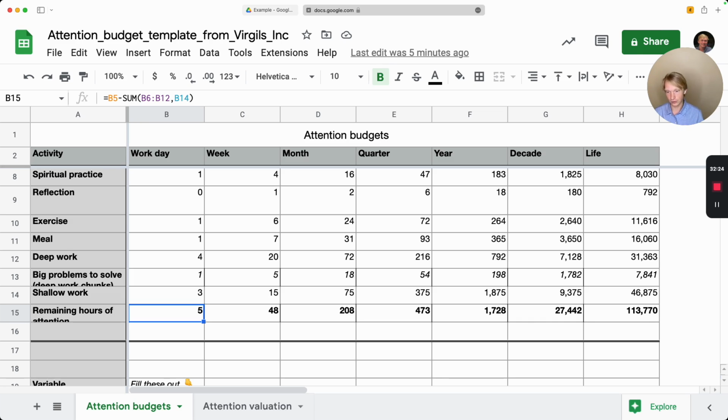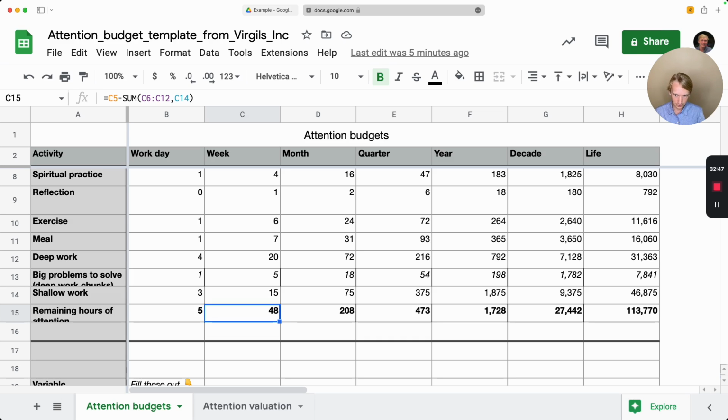You could spend 5 hours of quality time with your family, pursuing hobbies. There are a lot of things you can do with 5 hours. So it's a decent amount left over, but it's also not that much, because if you're frittering it away on little distractions here and there, that 5 hours can disappear pretty quickly. So be mindful with how we're using that surplus.